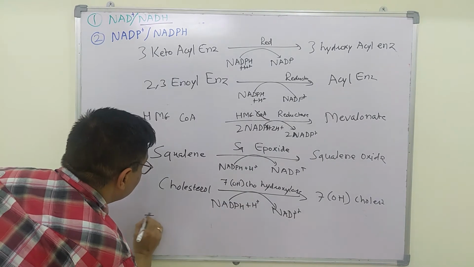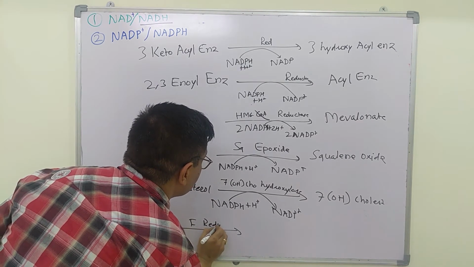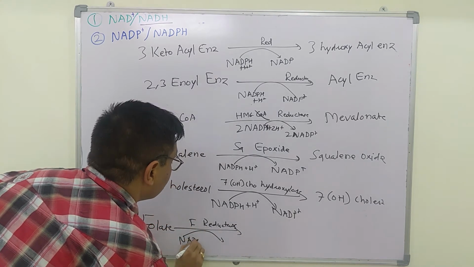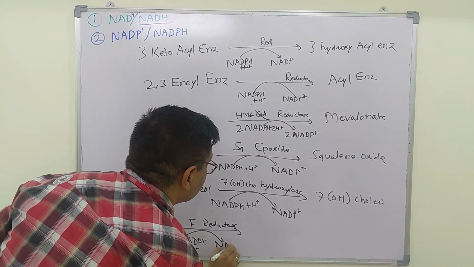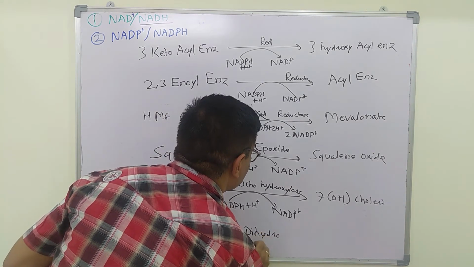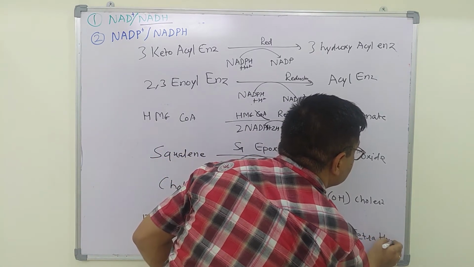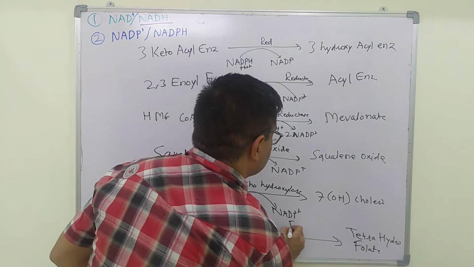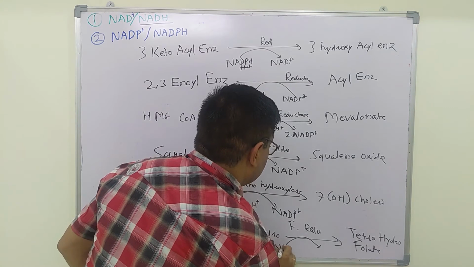And last example is folate acted upon by folate reductase, with the help of NADPH and H plus, is converted into dihydrofolate. This dihydrofolate is converted into tetrahydrofolate with the help of folate reductase again, with the help of NADPH.